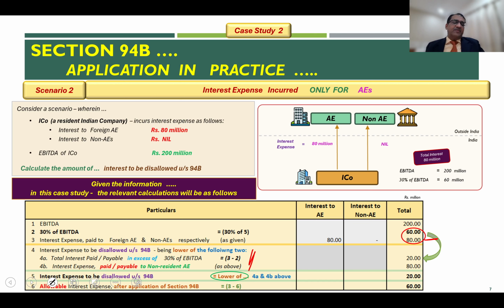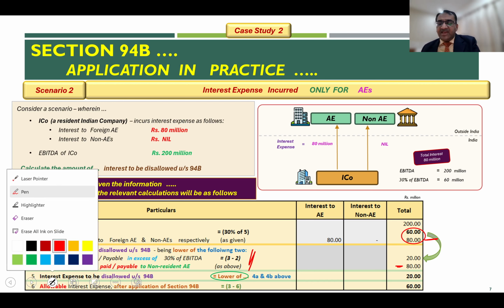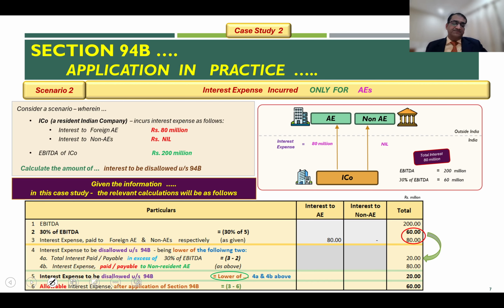Excess of interest paid or payable in excess of 30% of EBITDA continues to be 20. But then, the amount which you are paying to the AEs is 80. Therefore, in this case, the lower of the 80 and 20 will be disallowed. So therefore, in this case, 20 will be disallowed. What you will be allowed to claim deduction is only 60.